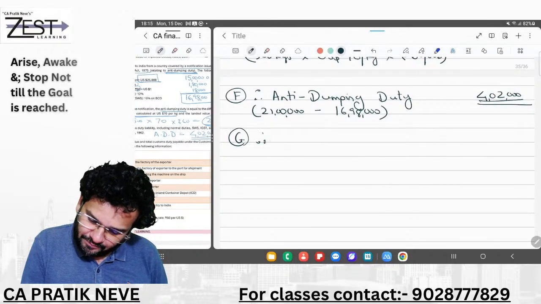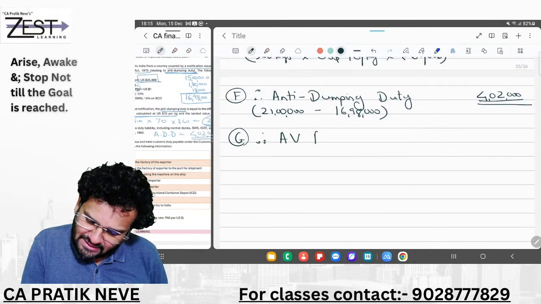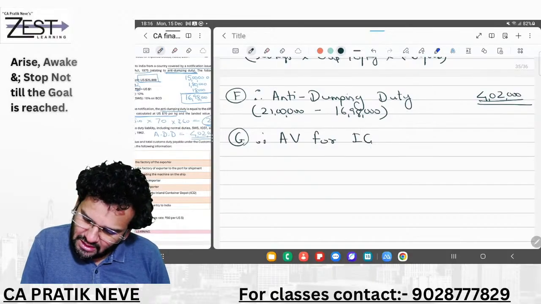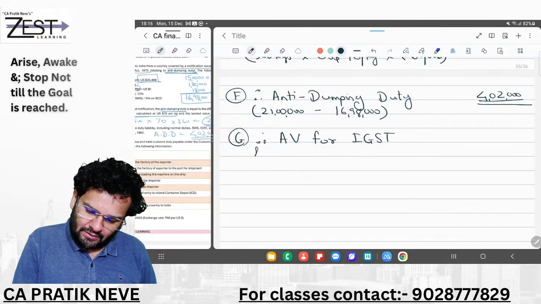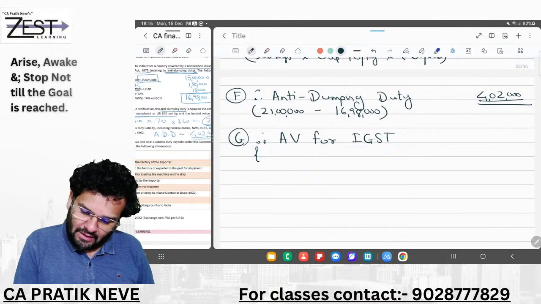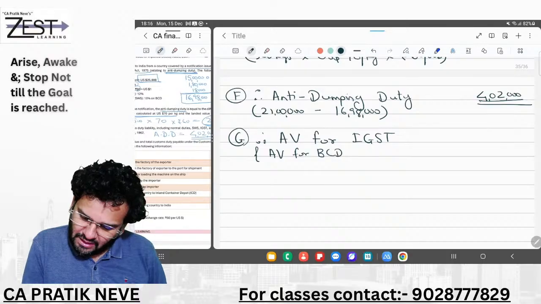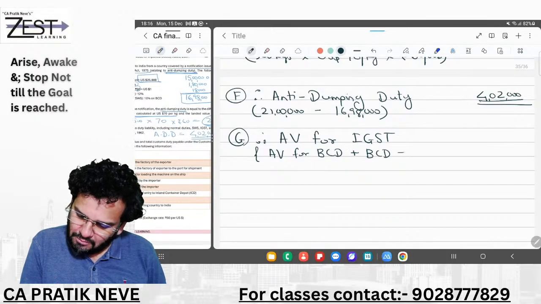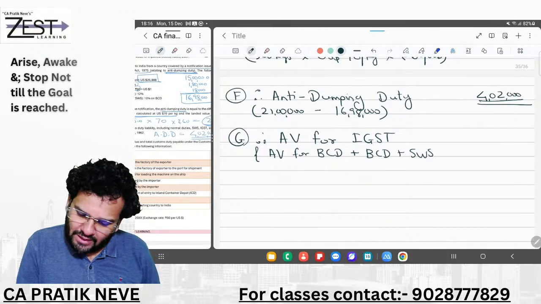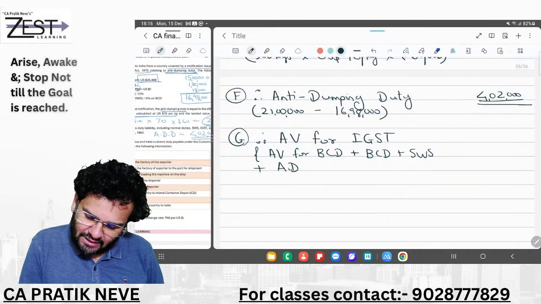Therefore, now you will get the assessable value for IGST. See the logic: the assessable value for IGST is the assessable value for BCD, plus BCD, plus SWS, plus anti-dumping duty.